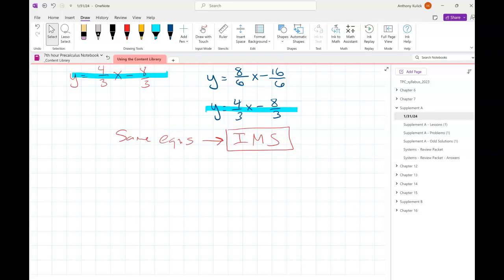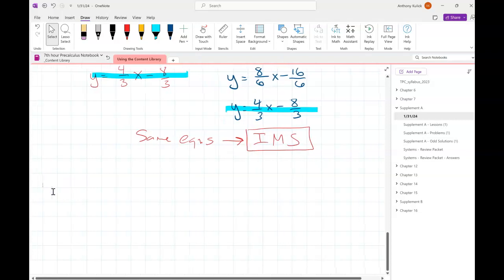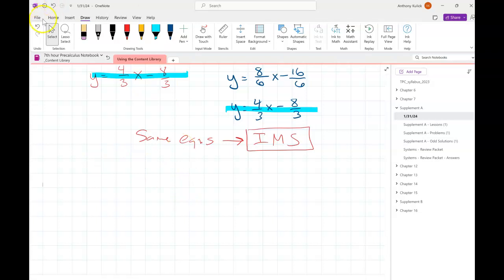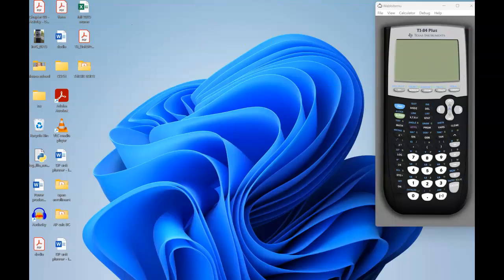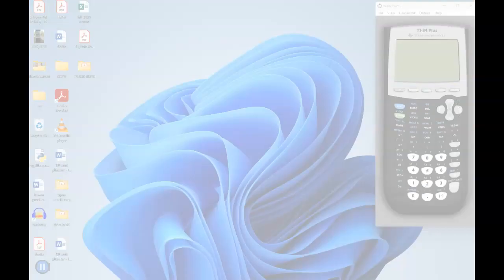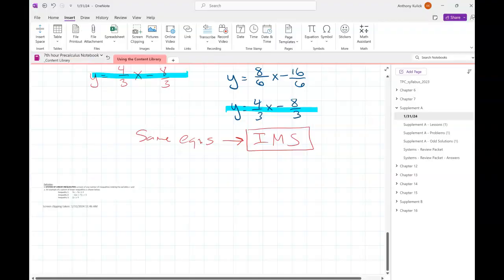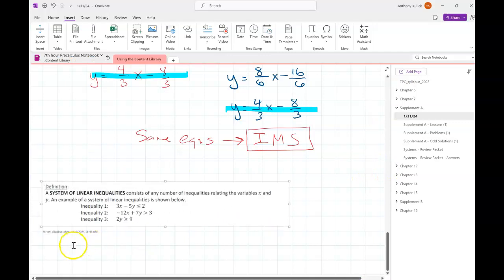It's all right? Okay. What if, instead of talking about systems of linear equations, we talk about a system of linear inequalities? You remember what an inequality is? It's got the less than or equal to and stuff like that in there.